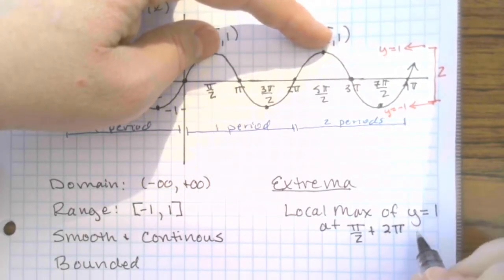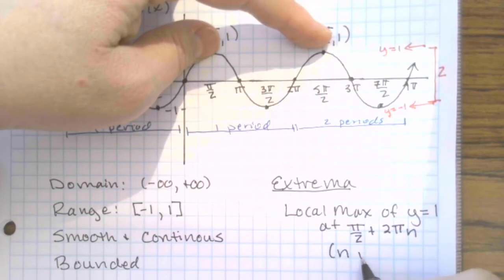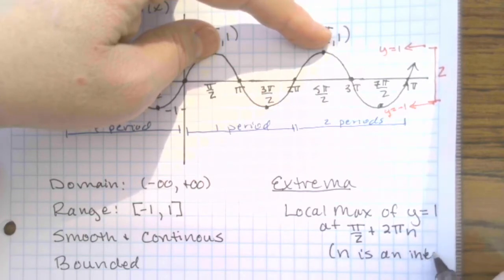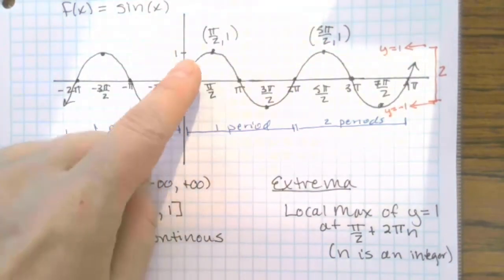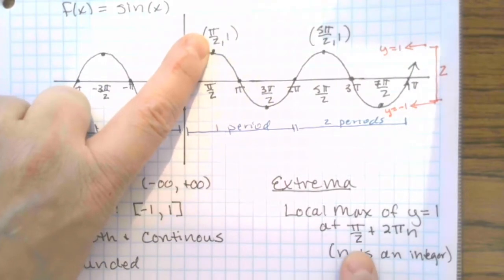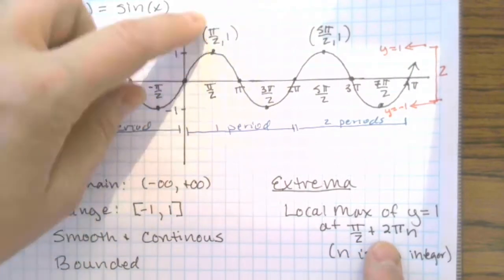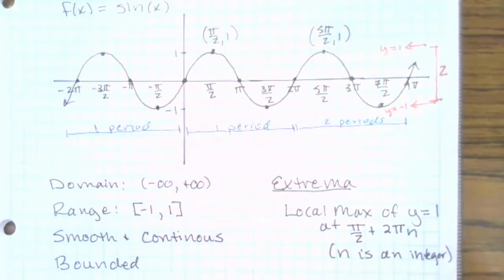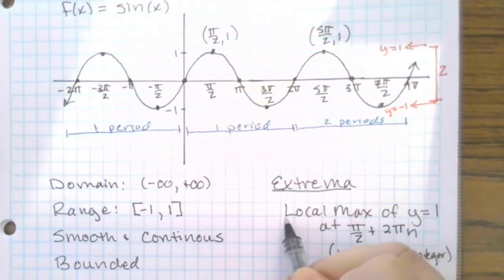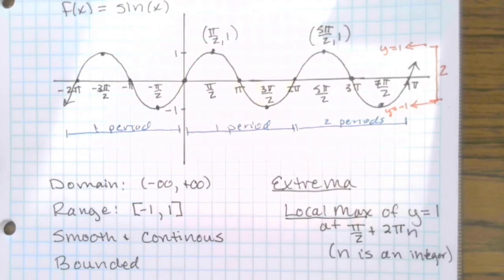So 2 pi times n, where n is an integer. So to give when it occurs, you give the first one, which occurs at x equals pi over 2, plus whatever the period is, and then times the number n, because it goes over and over and over. Because it goes over and over and over, there's a local max, there's not an absolute maximum.